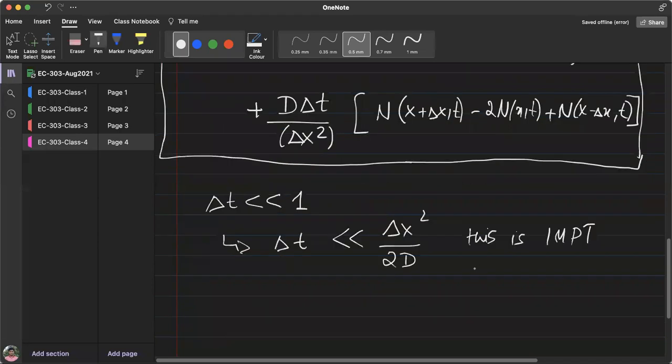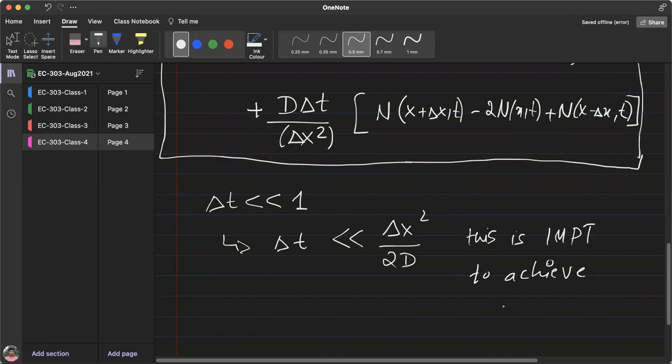Delta t must also be less than delta x squared by 2d.